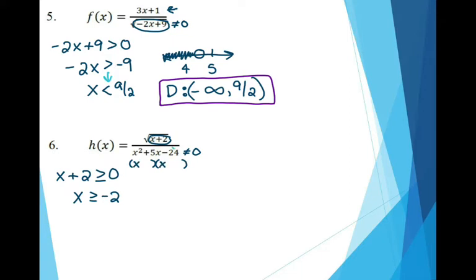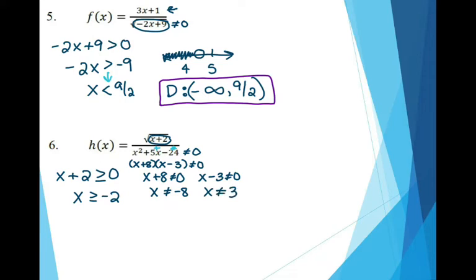That is going to be a positive 8 and a negative 3, and that product cannot equal 0. So essentially, x plus 8 cannot be 0, and x minus 3 cannot be 0. So for my first one, x cannot be negative 8. For my second one, x cannot be 3.